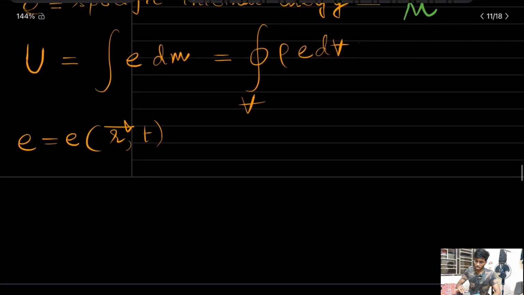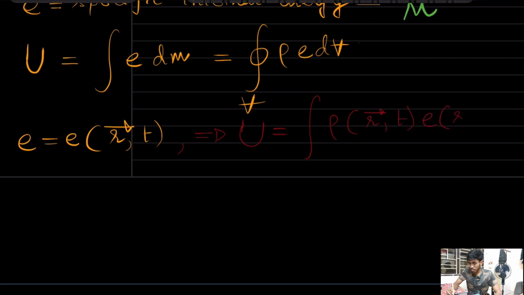So my U, capital U, is integral of rho. Now my rho can also be a function of r comma t, and e can also be a function of r comma t, because the density can vary with respect to time as well as with respect to the position vector of the control volume.